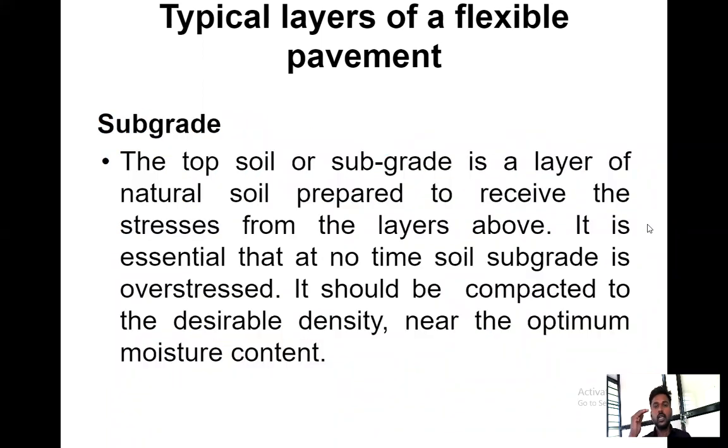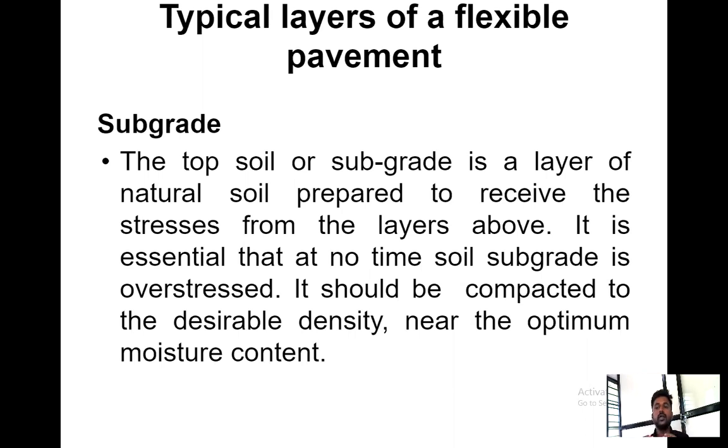Then the next, at the last, what is there? Subgrade. The top soil layer, or the subgrade, is the layer of natural soil prepared to receive the stresses from the layers above. Whatever layers are above the subgrade layer, the stresses produced by them are transferred to the subgrade layer.